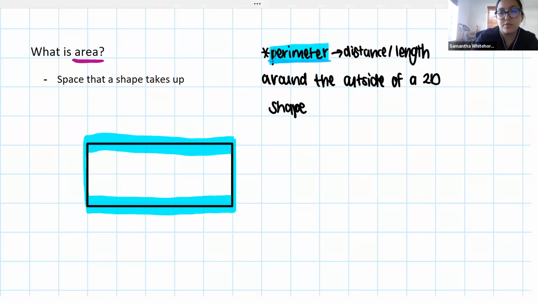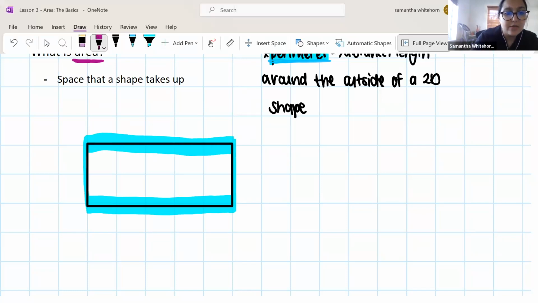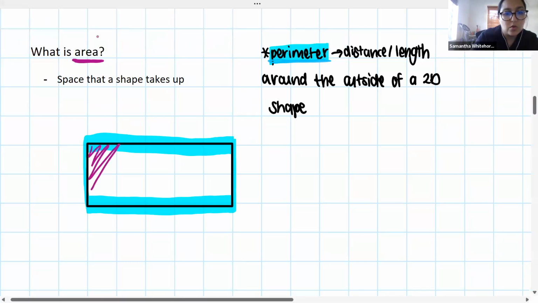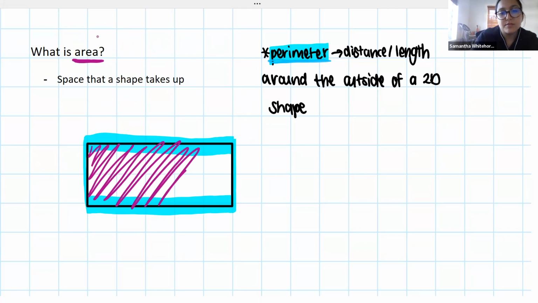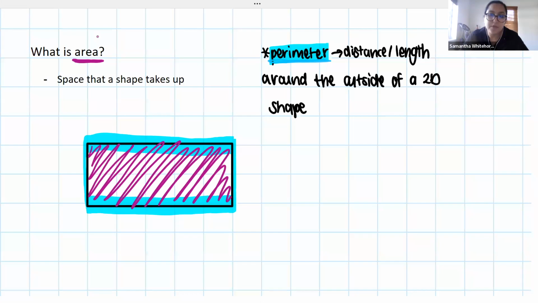So that is the perimeter. The area, on the other hand, is all of the space inside the shape, or all of the space that the shape is occupying in the universe. And those are 2 very important distinctions that we need to make.